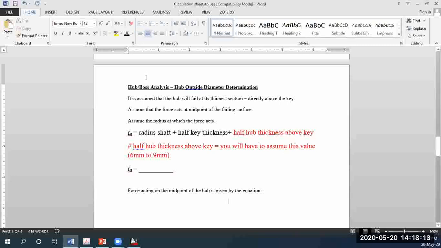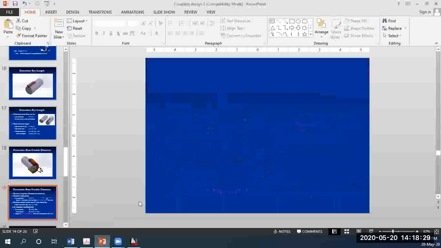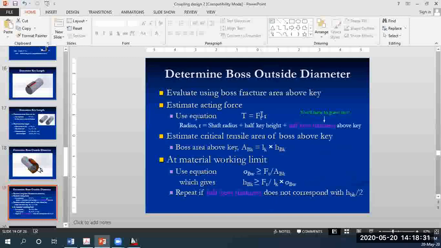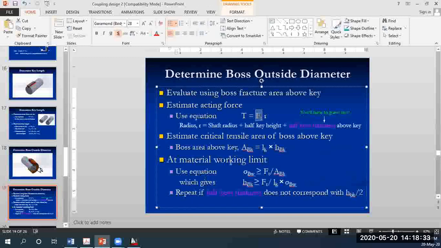Torque is equal to force times the distance, right? The only load acting on the whole system, as I said in the beginning, is the torque. So torque is equal to force. Now, what kind of force will cause this hub to fail if it were to fail? The force here will be tensile force, so Fe. That's your equation.